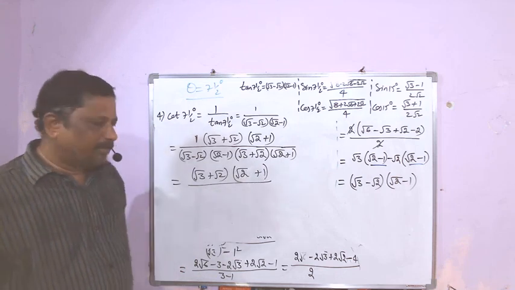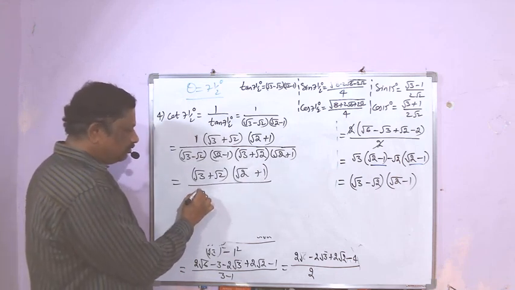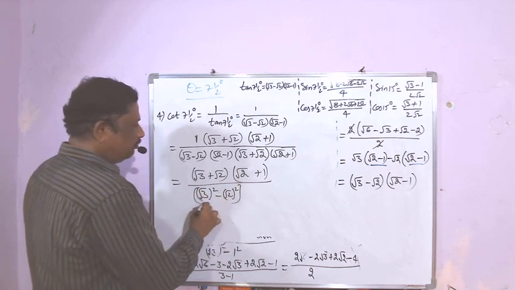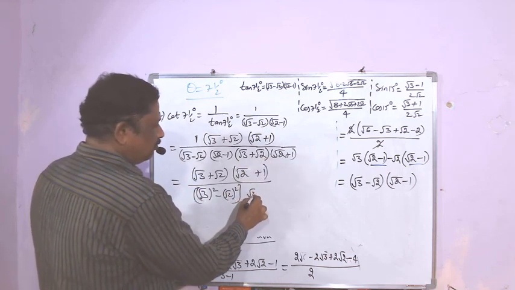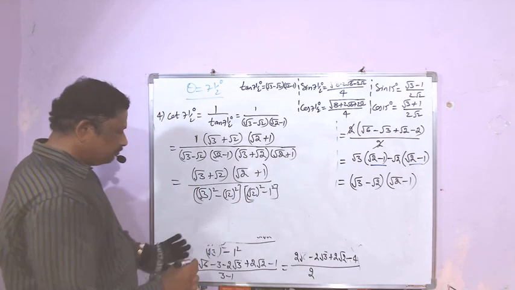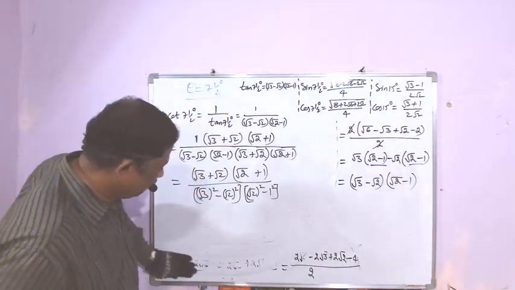In denominator, we have the formula a minus b into a plus b. Apply that one. Root 3 whole square minus root 2 whole square into this one, root 2 whole square minus 1 square. So finally what do you get?